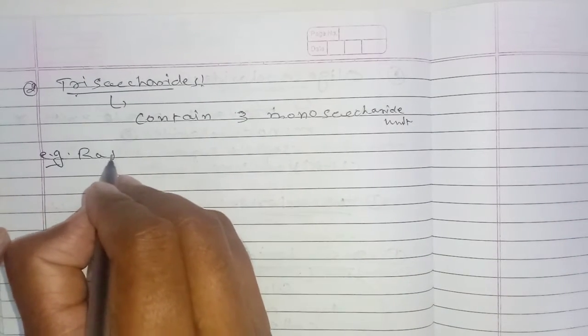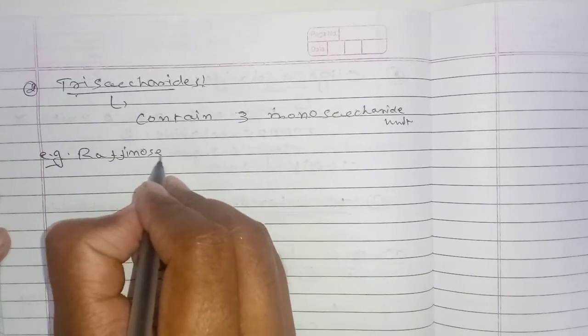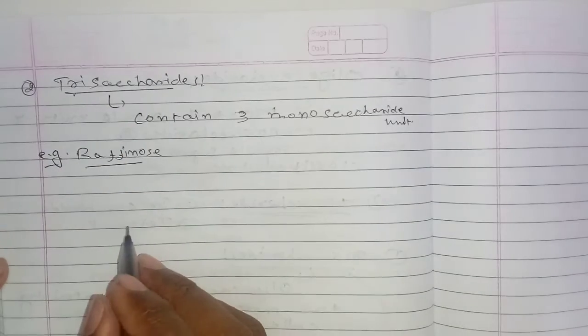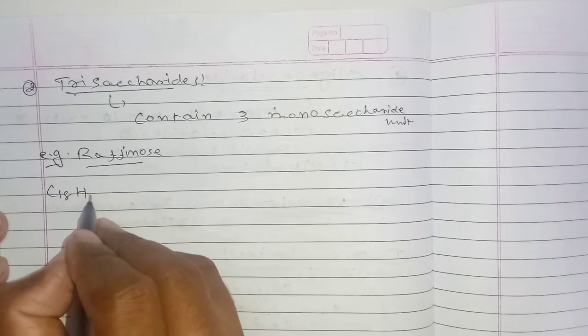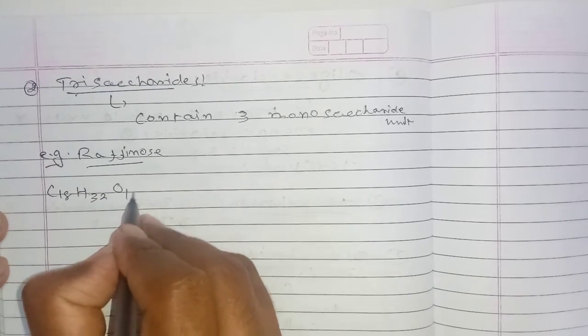For example, raffinose. Raffinose is a trisaccharide. Its chemical formula is C18H32O16.